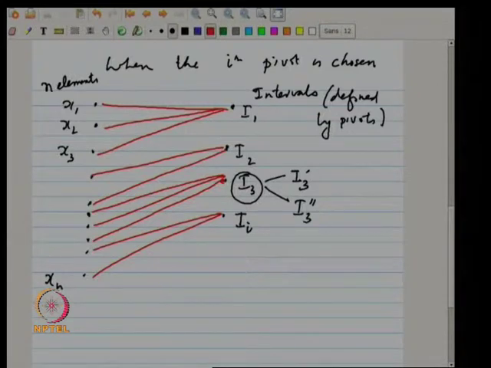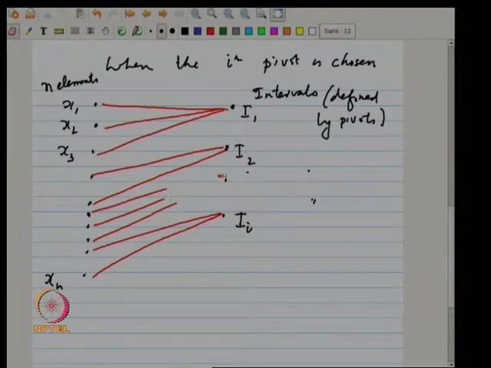Once the ith pivot was chosen, these 3 elements get redistributed into these 2 intervals. So, the graph now gets modified, where we have I3 prime and I3 double prime, and then these get redistributed.